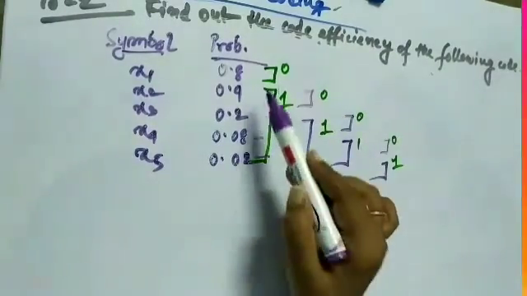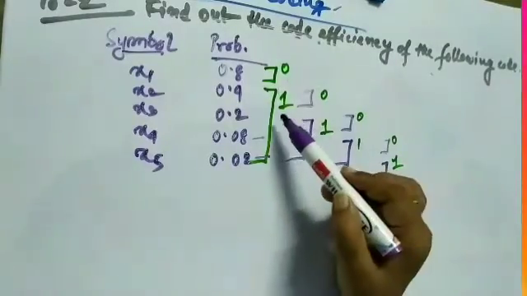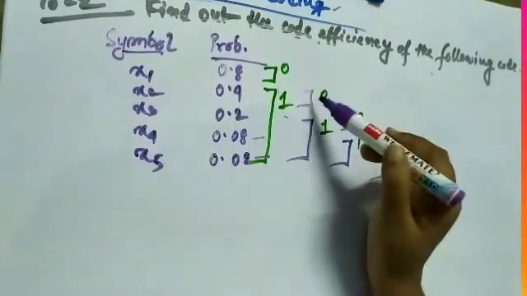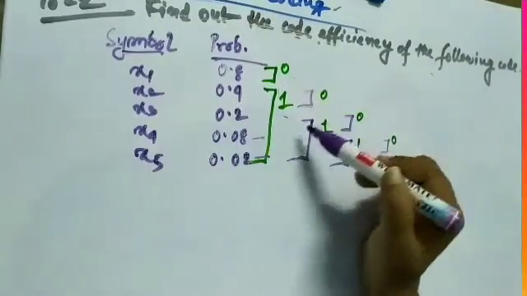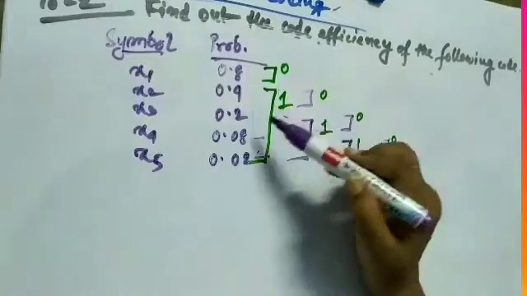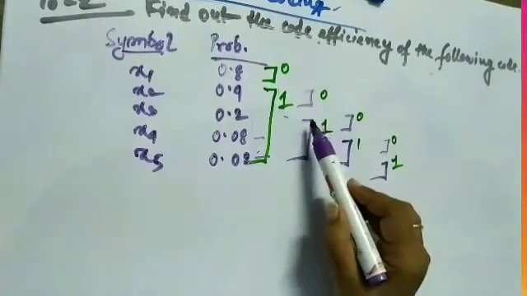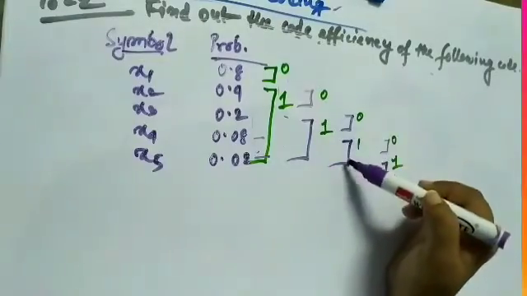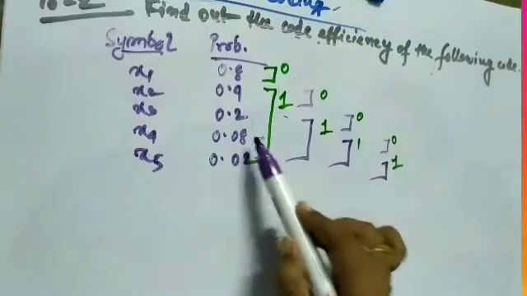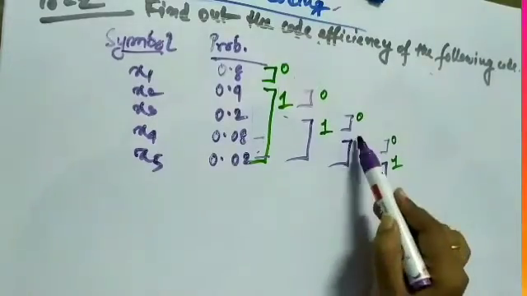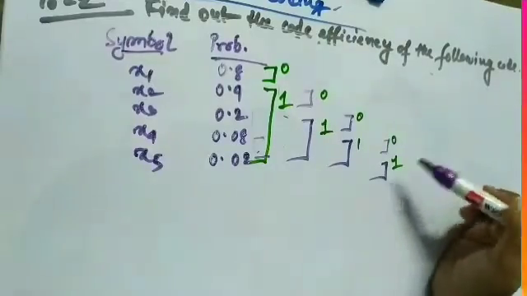For these 4 bits, this is the subset, and all these are again divided into two subsets where the uppermost contains only 0.4 and all three in the other subset. Then this subset is divided again into two subsets where 0.2 is one subset and 0.08 and 0.02 is another subset. And lastly these two are divided into two subsets.